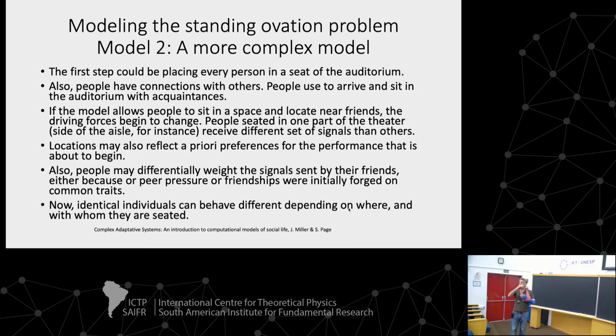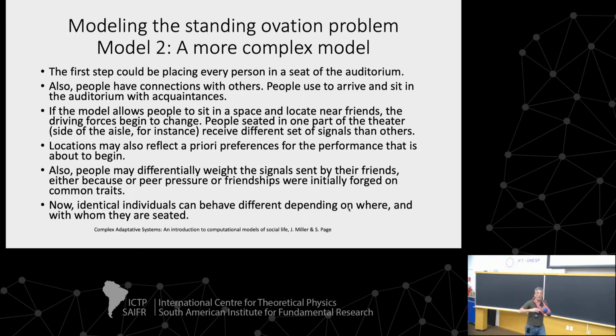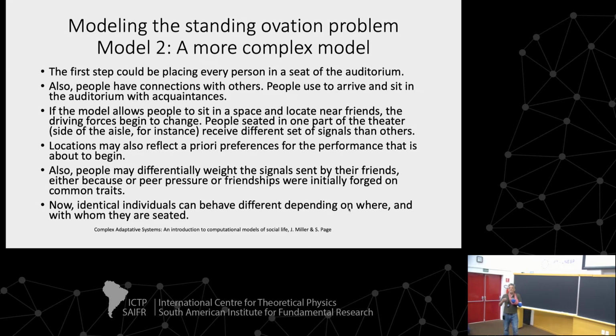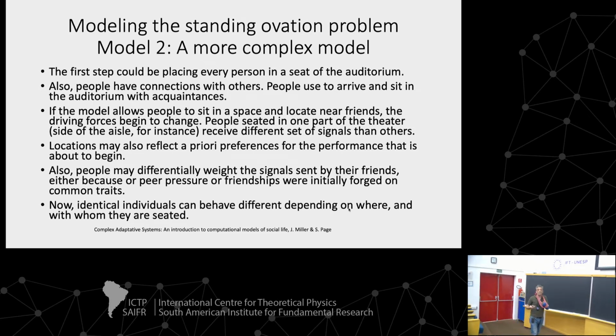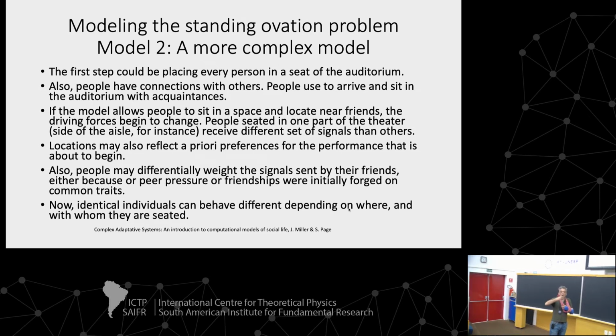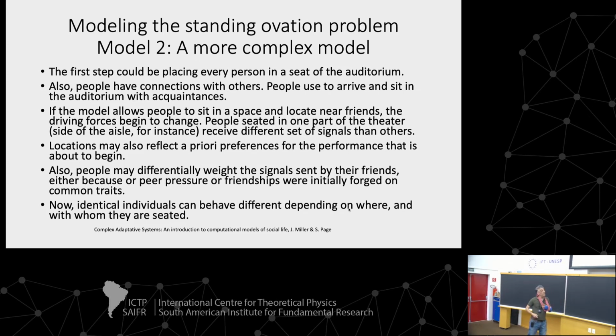Although in the previous model there was no spatial organization, people can see everyone. But maybe the spatial organization is relevant, because the interaction with people close to me is not the same as with people in another part of the auditorium.